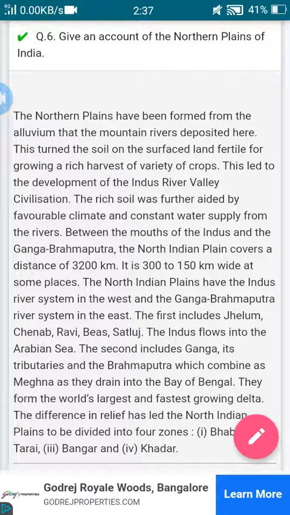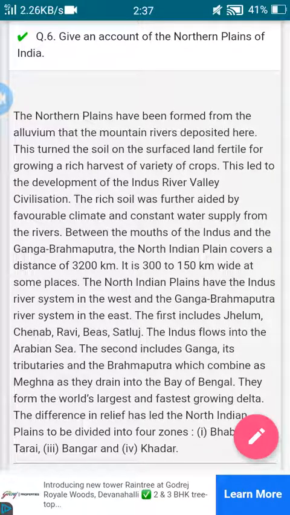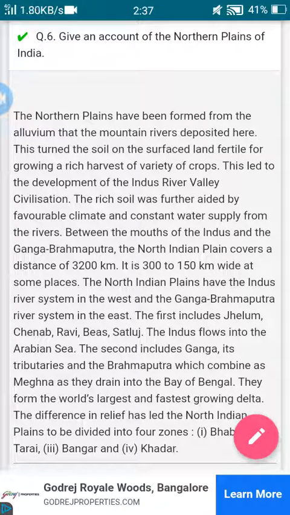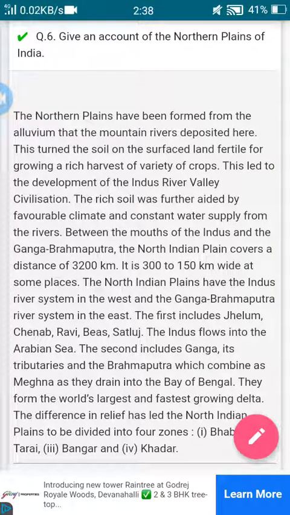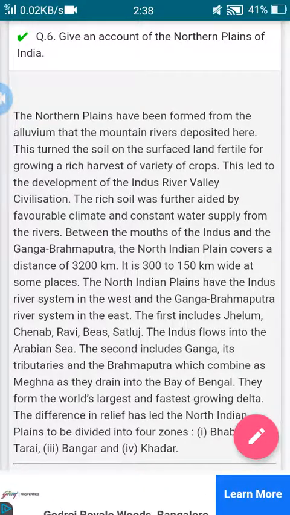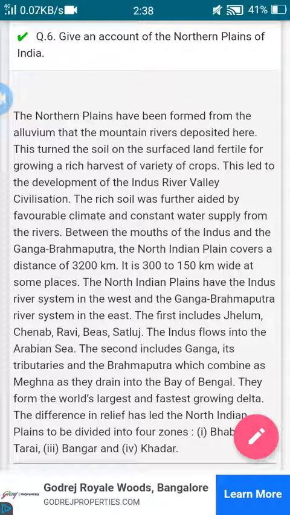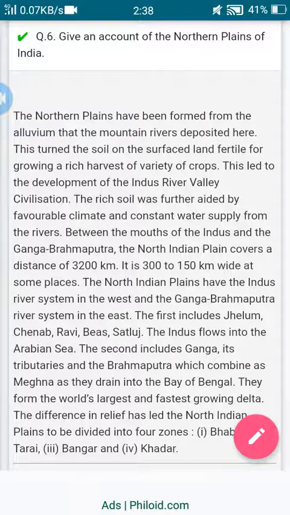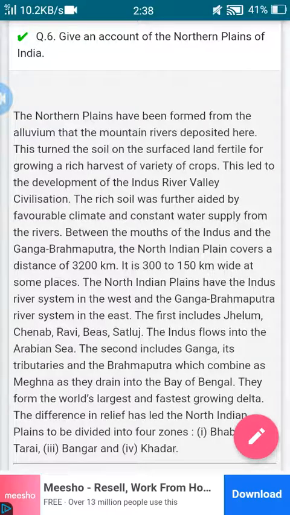This turned the soil on the surface fertile for growing a rich harvest of a variety of crops.